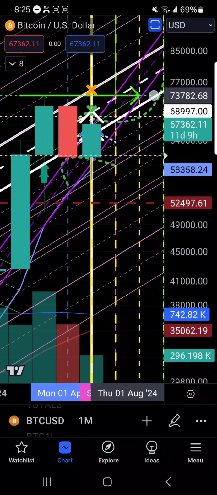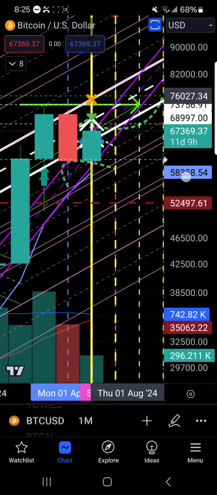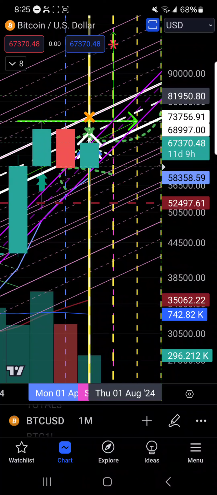And then I would expect us even to come down to the top of this triangle here. I'd probably not go much below 73,000 in June if we do at all. And we should get a pretty big candle in June.